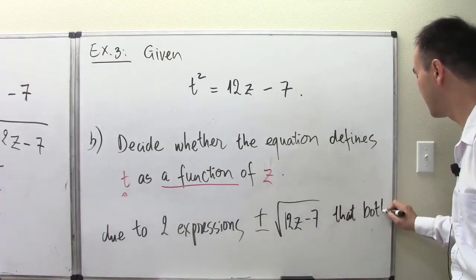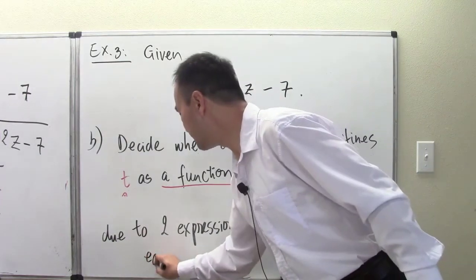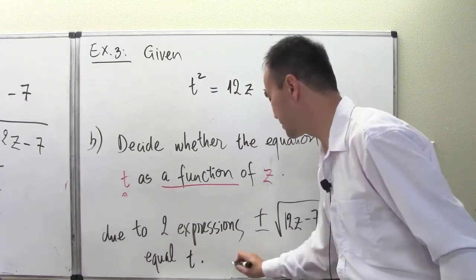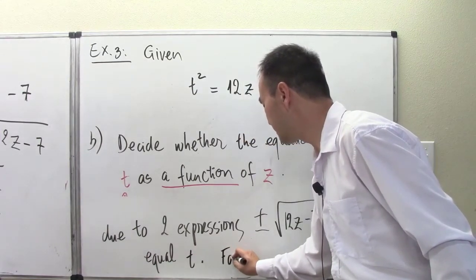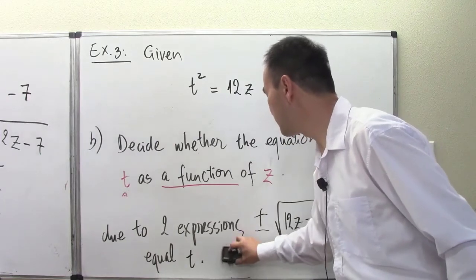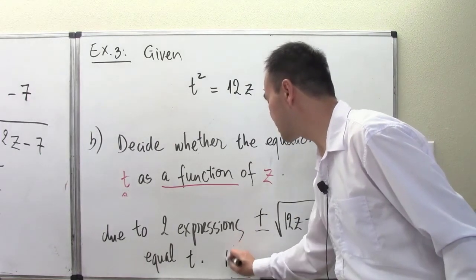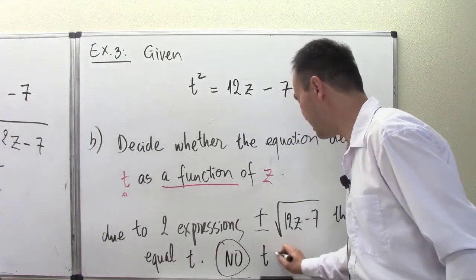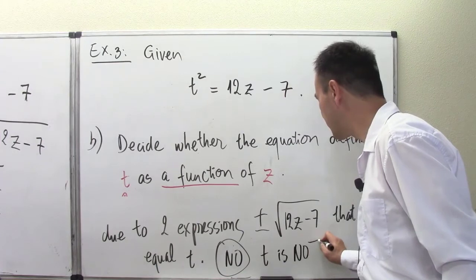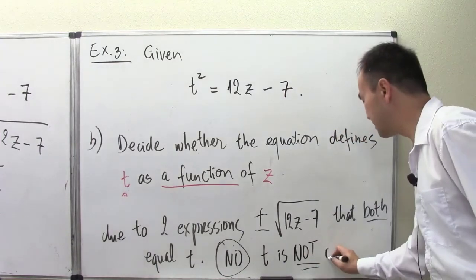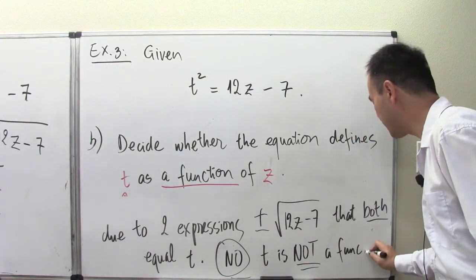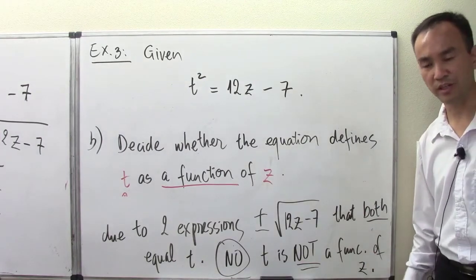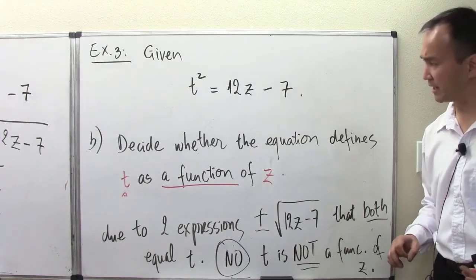Both equal t. I was about to say fail to become, but here we can just say nope. t is not a function of the z variable. That's how we make our conclusion.